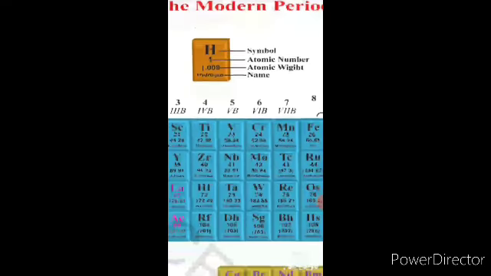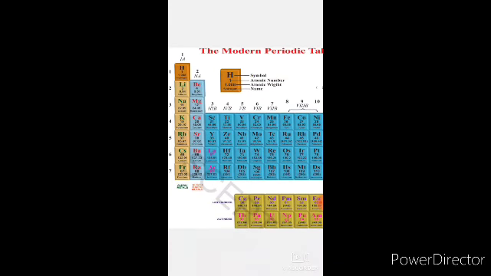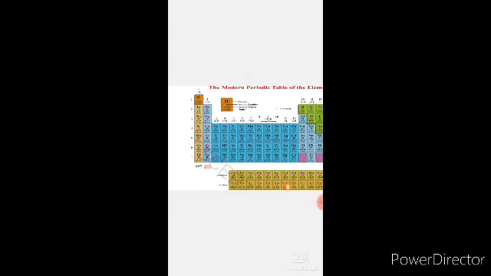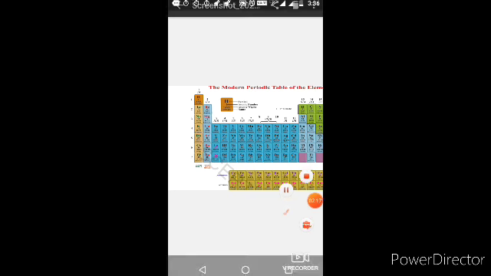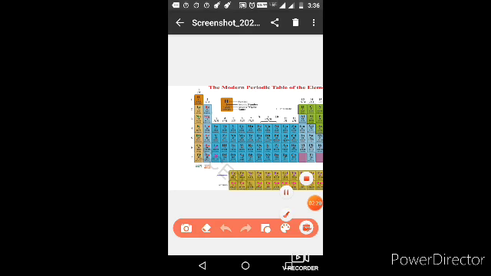So how can we find out atomic weight and molecular weight? Suppose you know hydrogen gas. How do we find the weight of hydrogen gas? H2. What is the atomic weight of hydrogen? 1.